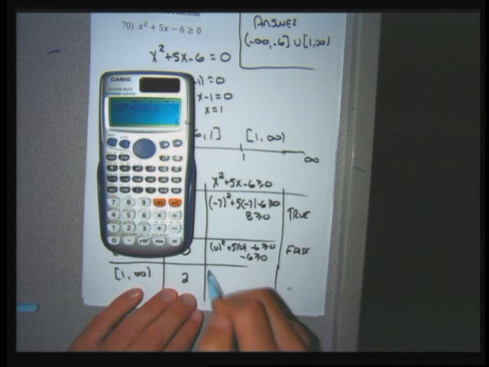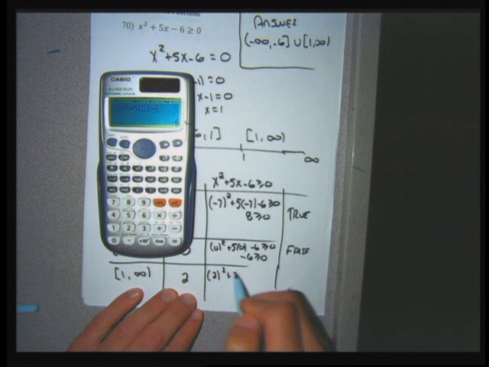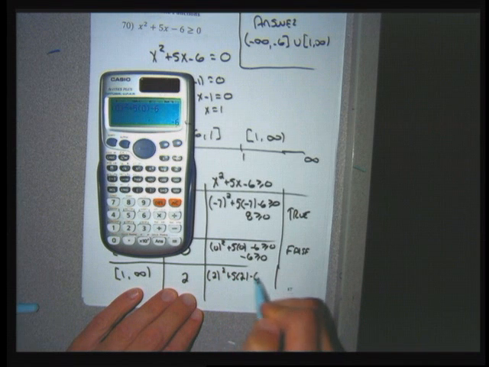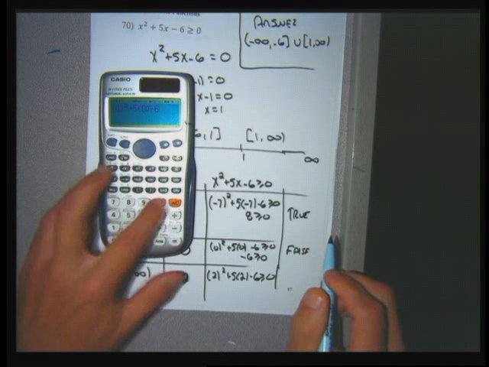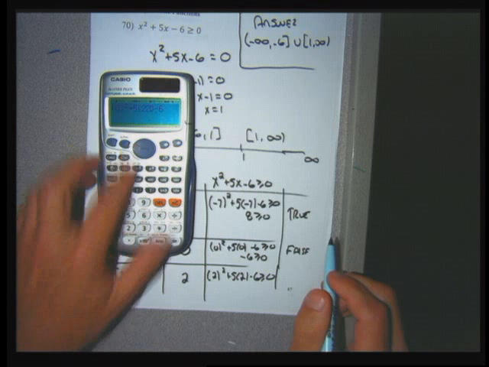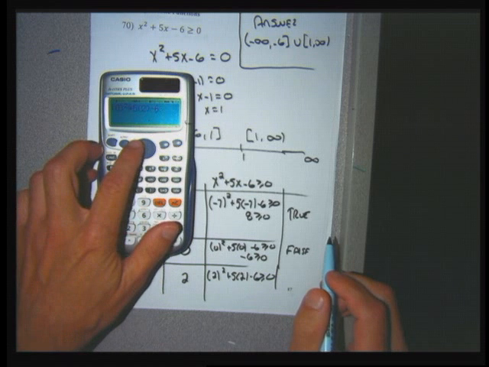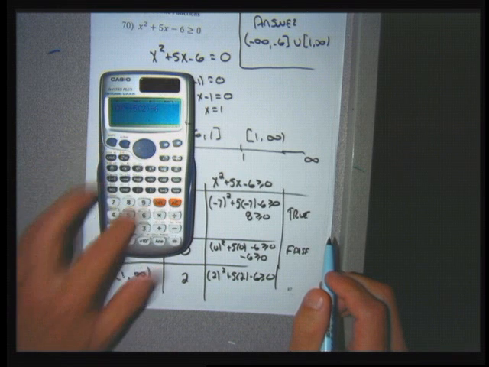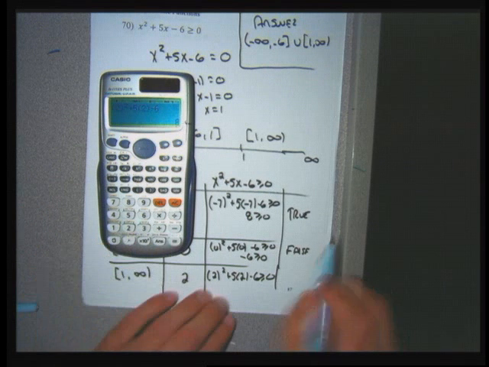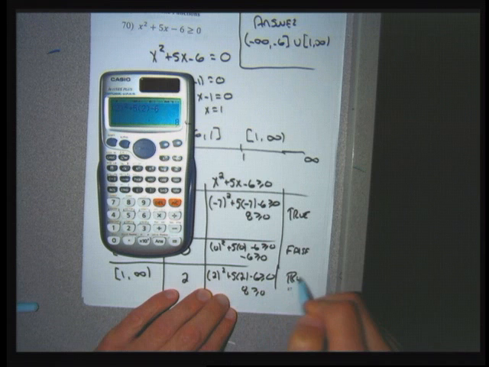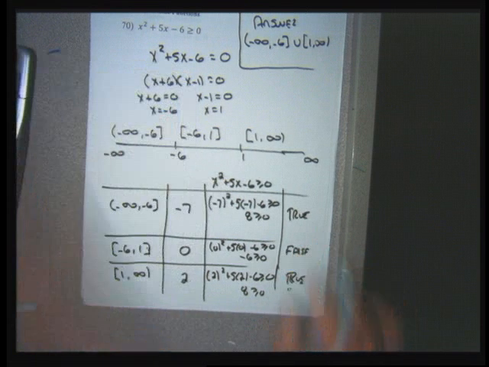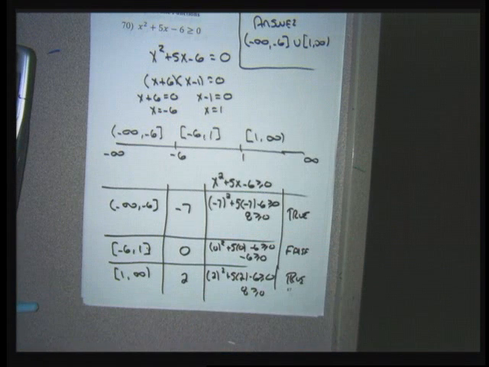And the bottom one, 2 squared plus 5 times 2 minus 6 is greater than or equal to 0. Apparently I haven't recovered from my lecture yesterday. I'm still kind of fudging it. Good. So what I thought was an answer is an answer.